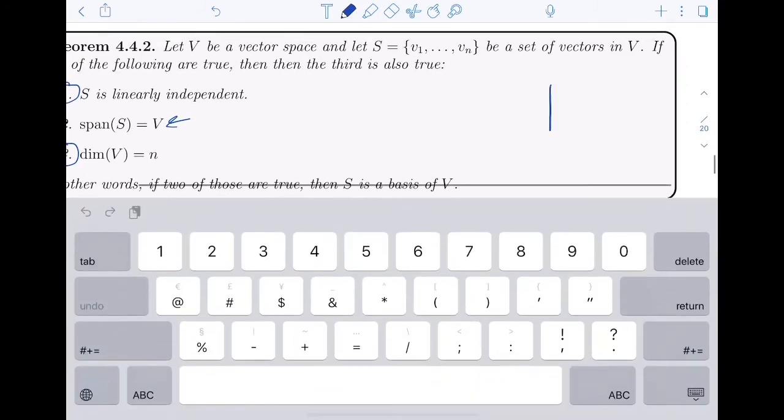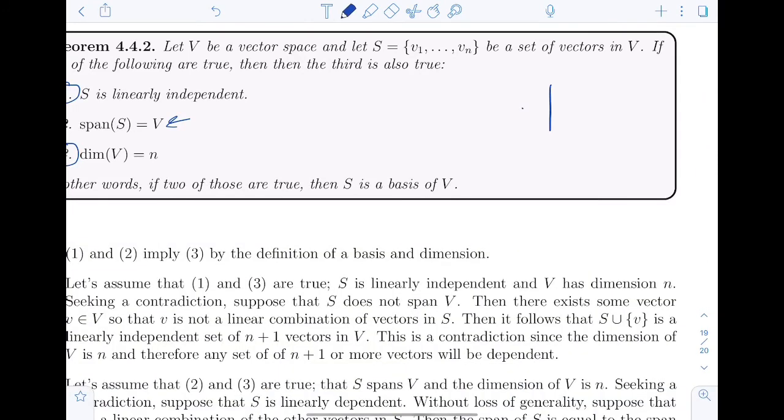So if you think of something like R2, if I have 2 vectors here in R2, is there any way for me to have some other rogue vector over here that you can't make out of those 2? And the answer is no, right? There's going to be some linear combination of those 2 things that I can make, right? If you're into physics, then you can think of everything as the vertical and horizontal components.